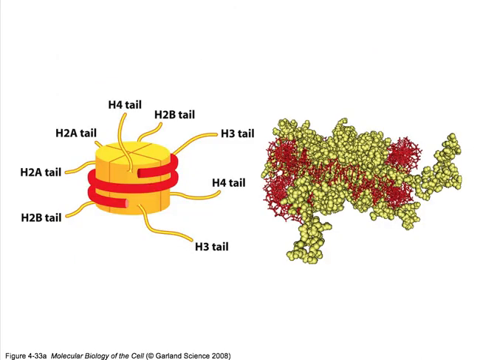Returning back to the tails of the histone proteins, each nucleosome will have 8 tails because of the configuration of its core. Each of these tails is subject to environmental modification. As indicated here, a single nucleosome core particle and its associated DNA suggests how the tails are aligned in that particular configuration.